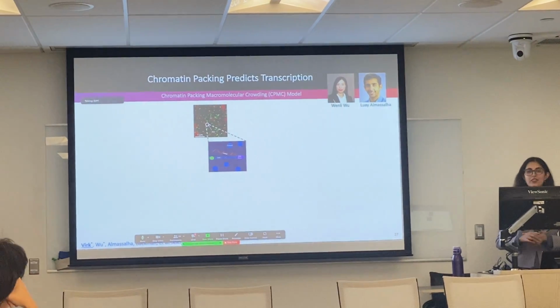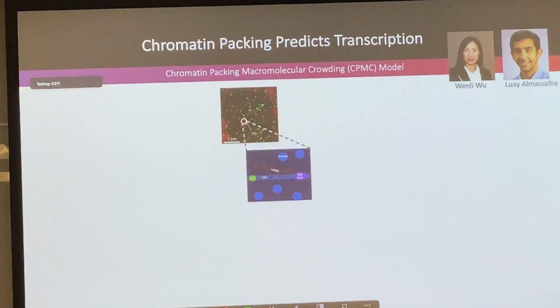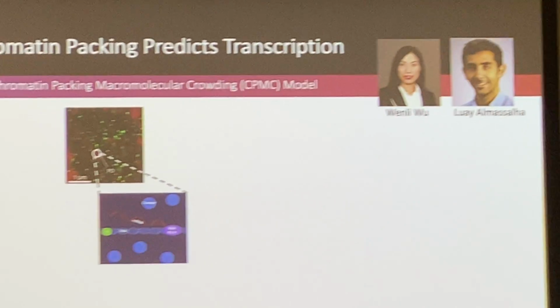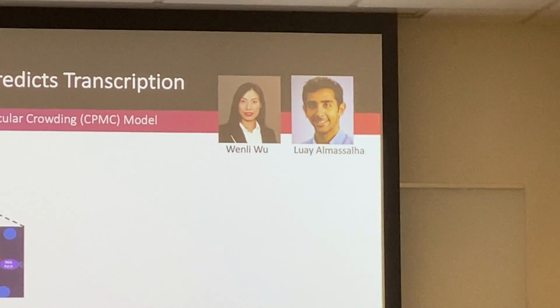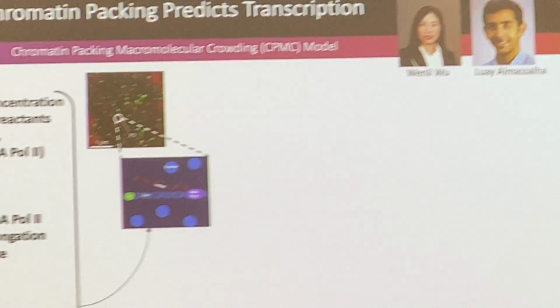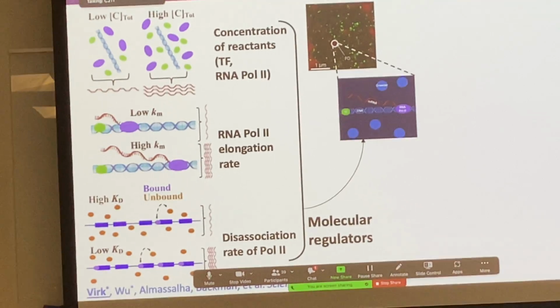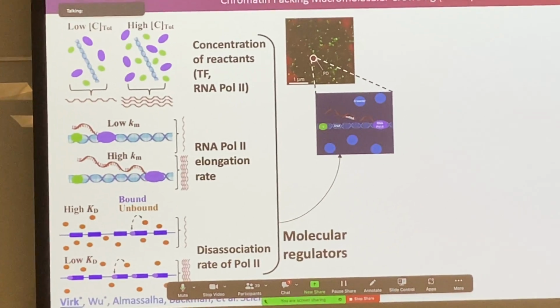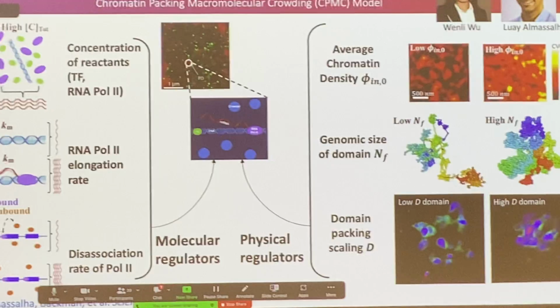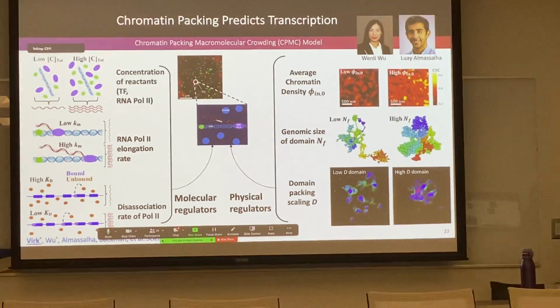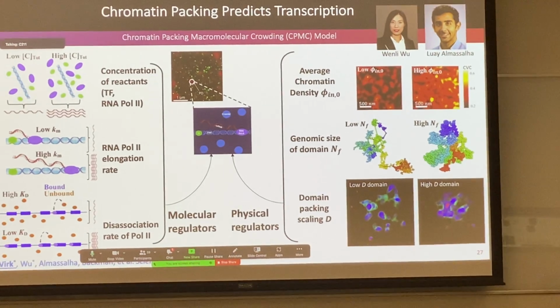And in order to do this, we have developed this chromatin packing macromolecular crowding model, and this was work that was begun by Wenli Wu and Luay Almassalha. Basically, this model doesn't just consider molecular regulators of transcription, which include concentration of transcriptional reactants such as polymerases, but also physical regulators, which define the statistical distribution of chromatin density within packing domains.